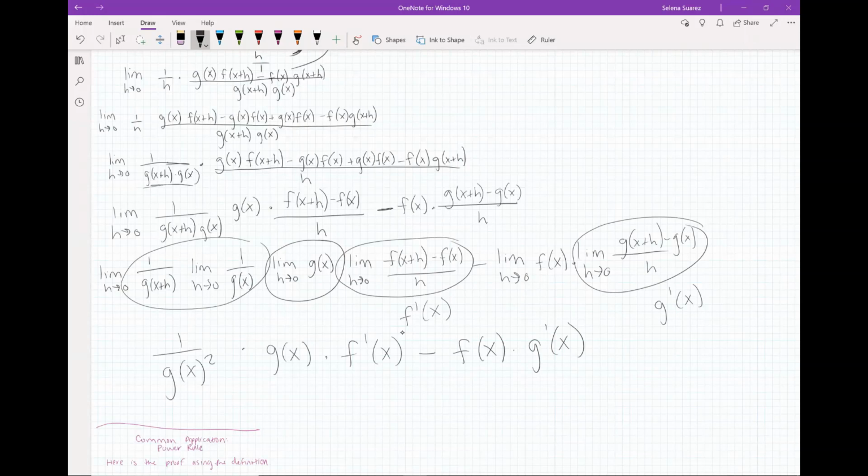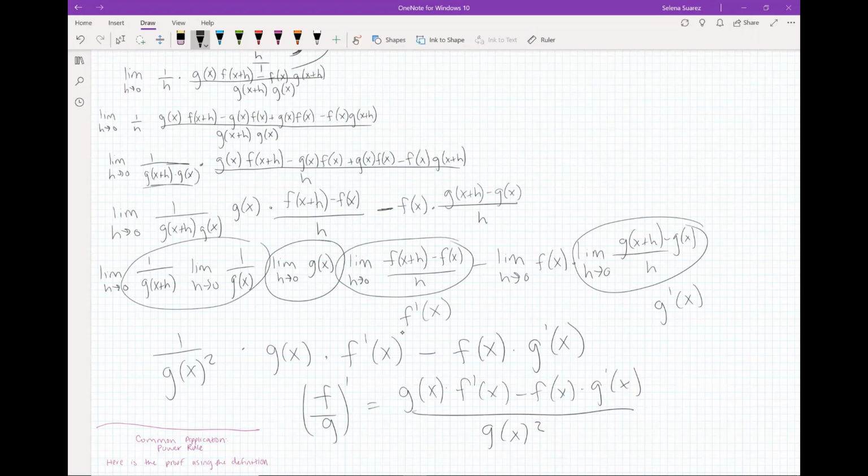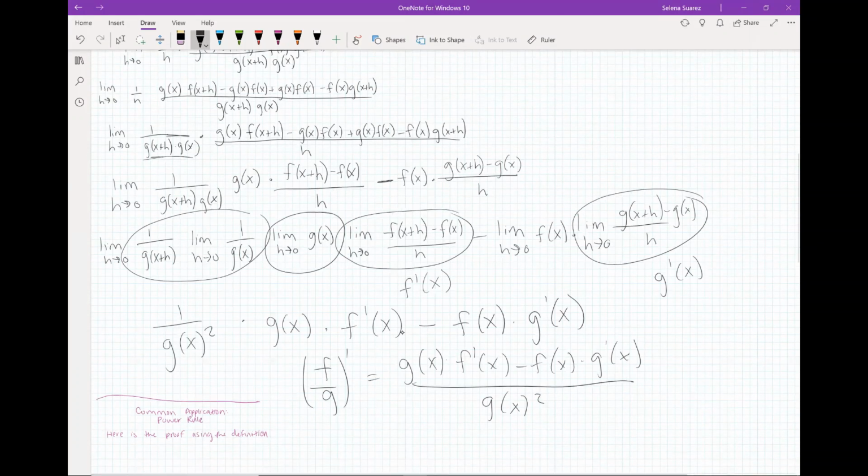So as you see, this is the quotient rule. So I have g of x times f prime of x minus f of x times g prime of x over g of x squared. So we arrive at what we wanted to prove. So this is the quotient rule.